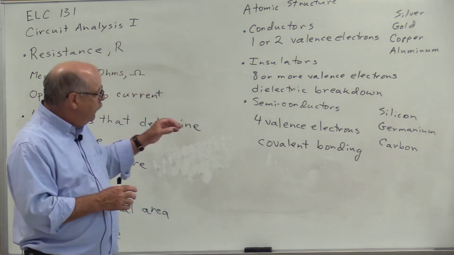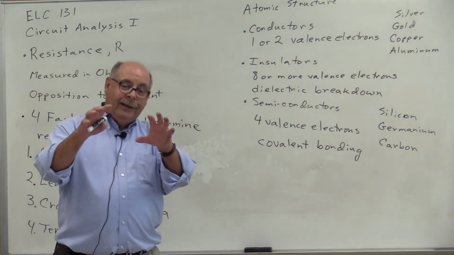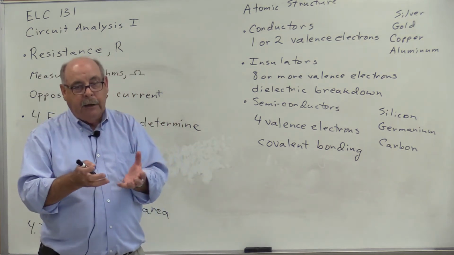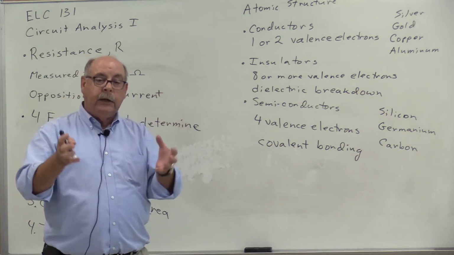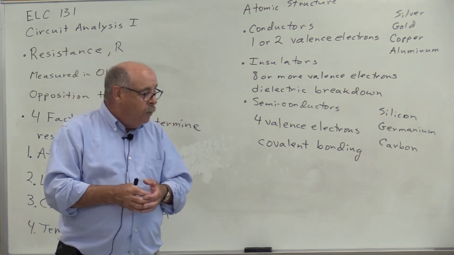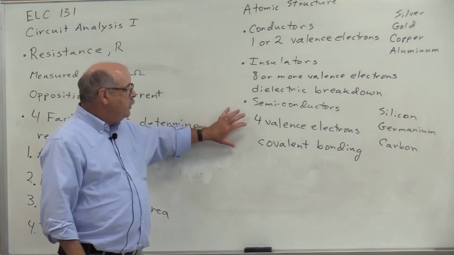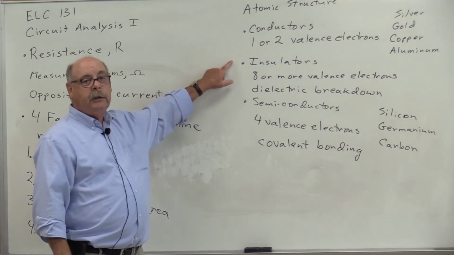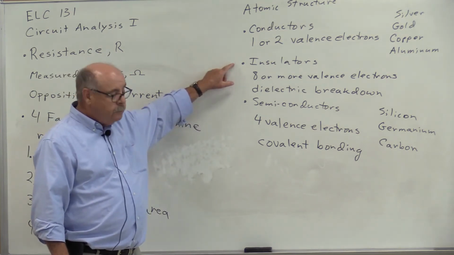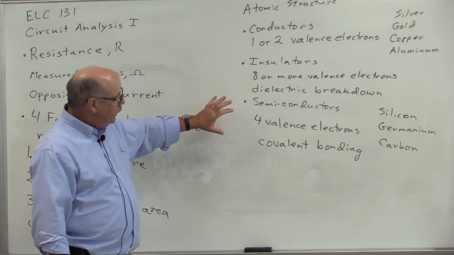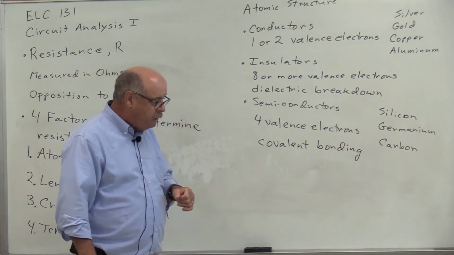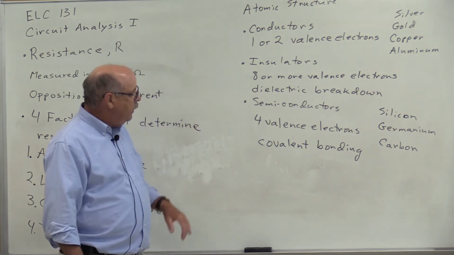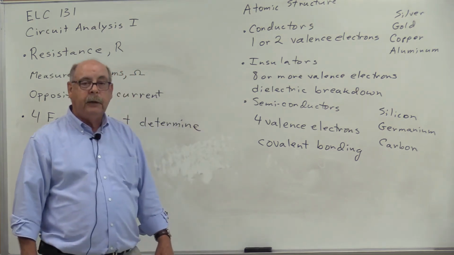But through covalent bonding, each atom now has 8 electrons in the outer orbit. At room temperature, semiconductors are actually excellent insulators. But because of their chemical properties, they have a separate classification called semiconductor.